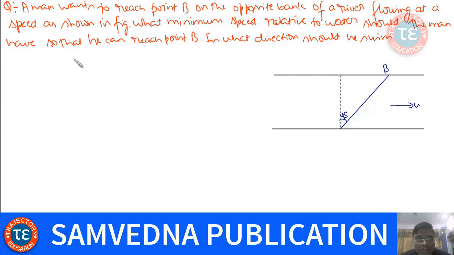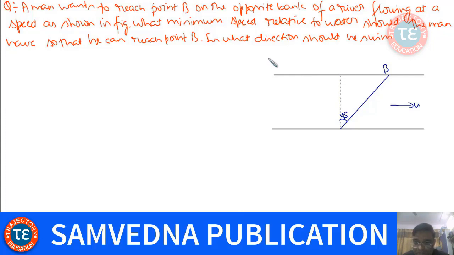What minimum speed relative to the water should the man have so that he can reach point B, and in what direction he should swim? See, in order to reach point B, whenever a man is swimming, he'll have some velocity with respect to the river, his own velocity, and he'll inherit the velocity of the stream also.